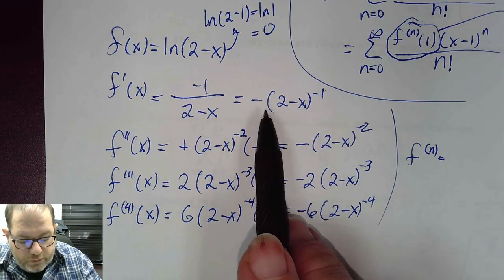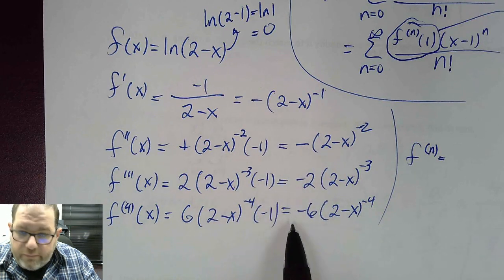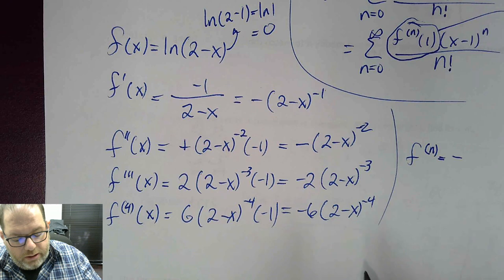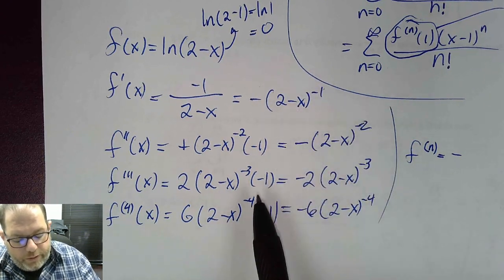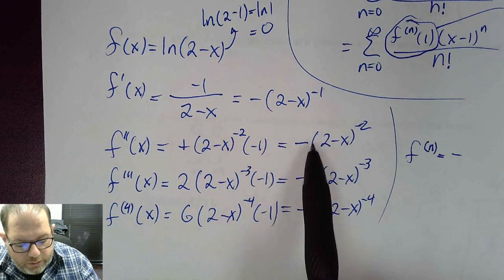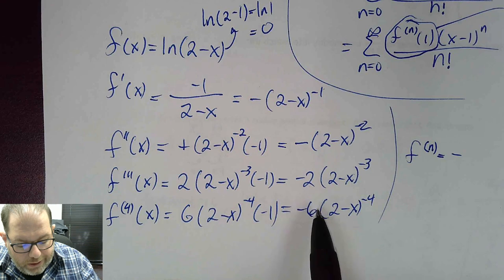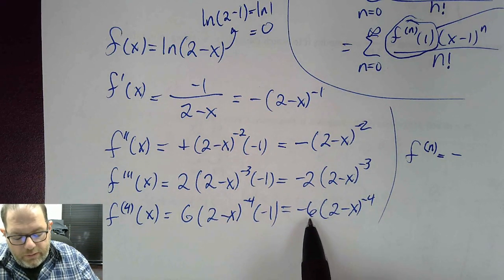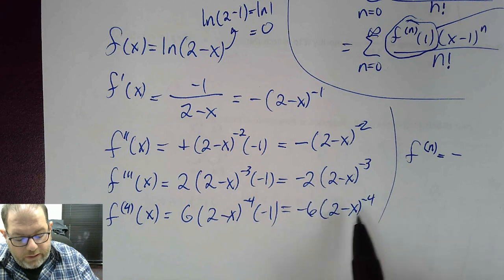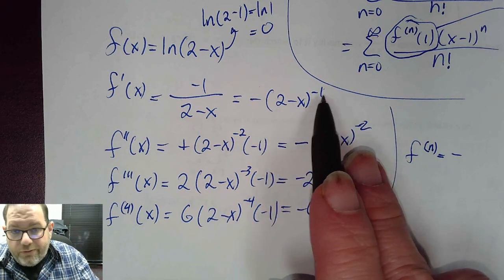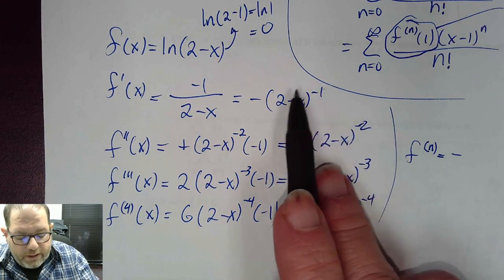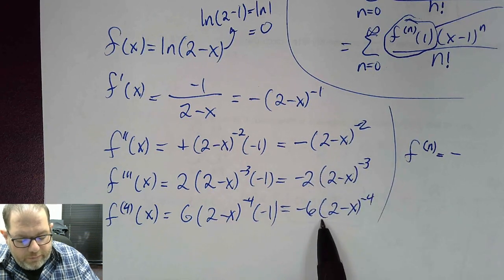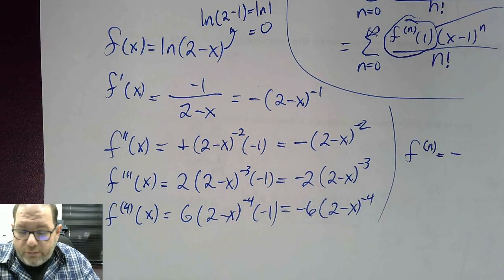For our derivatives, all of them are negative. That's the first thing we notice. So there's going to be a negative sign here. Now, in front of that, there's a 1, a 1, a 2, and a 6. We can see that we're multiplying by an increasing value at each step. We're multiplying by negative 1 in that derivative, times negative 2, times negative 3, and then times negative 4, and so on.